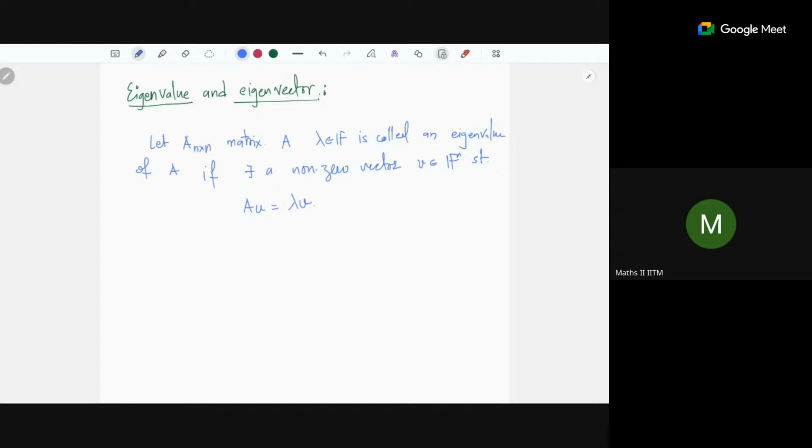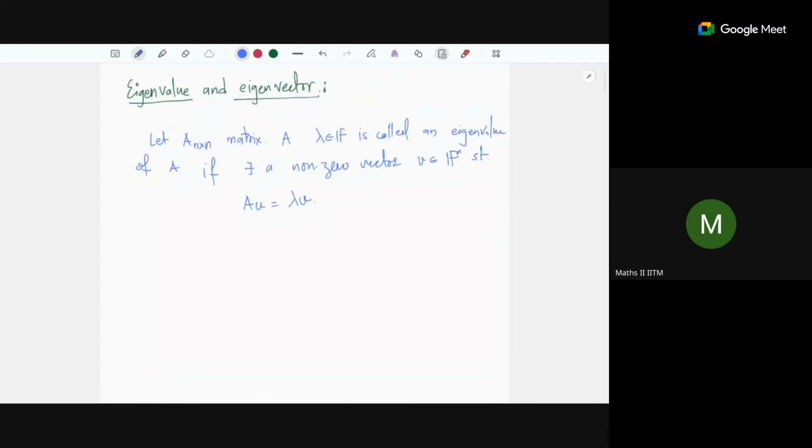Or in particular, you can define it for the linear operator, and that becomes equivalent when you represent the linear operator as a matrix.